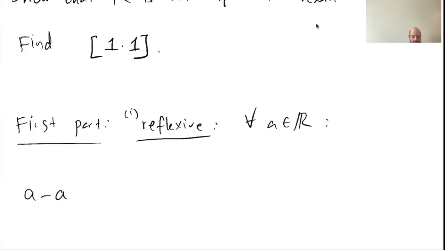And second part, so second property, basically, about symmetric. Symmetric for every a and b in R. If a R b, then a minus b is an integer. So this implies that b minus a is an integer.